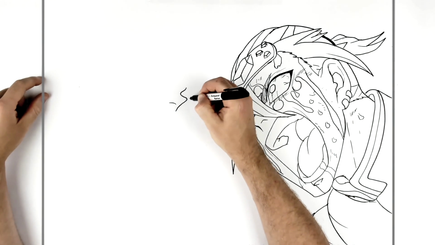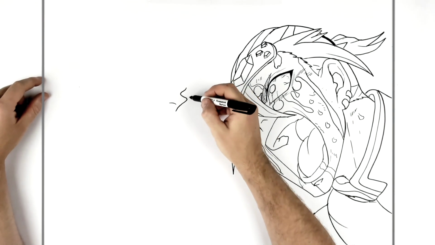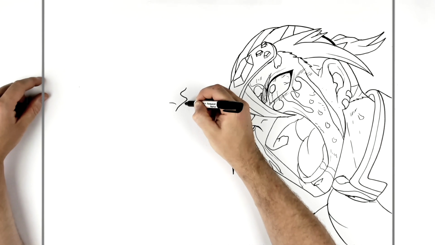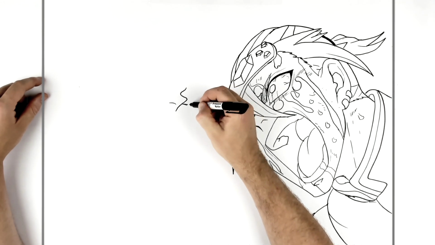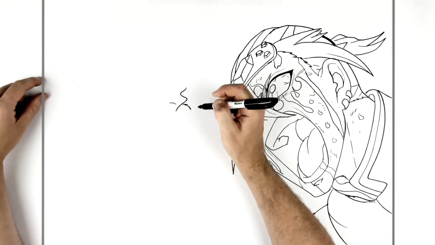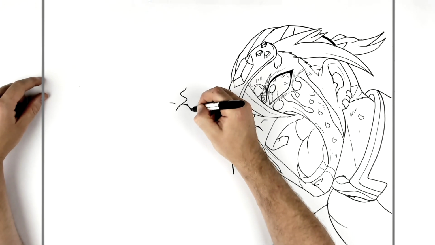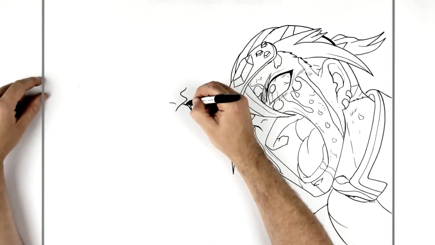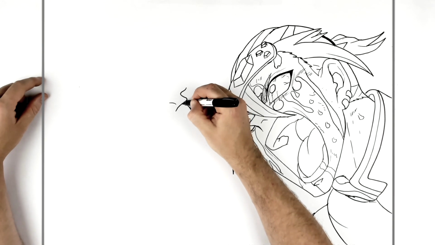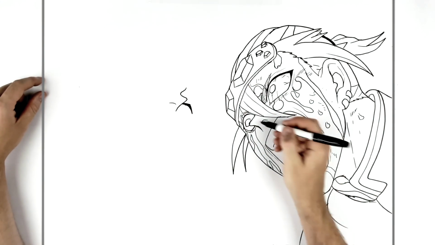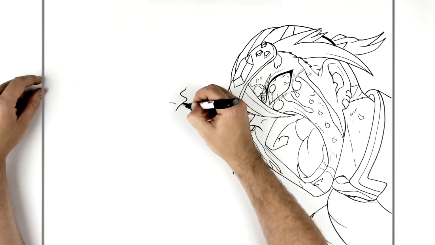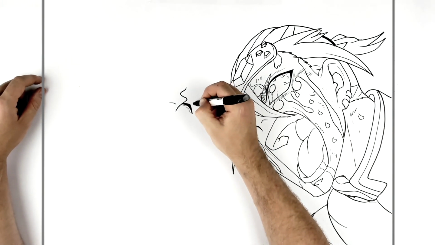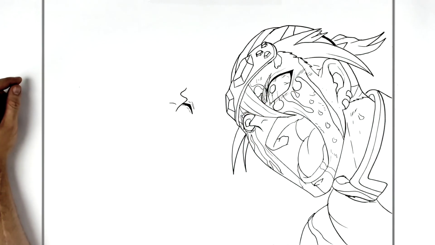So luckily for us, his eye is closed on this side, so it kind of makes it a little bit easier. So goes out from the nose, down here, moving back in. So that's his closed eye, right? And this will have sort of texture around it. Eye line there.